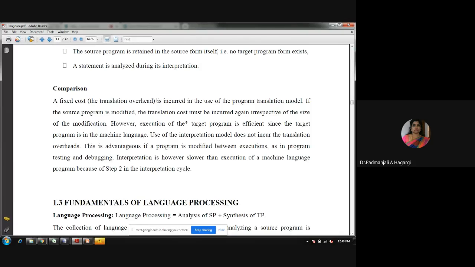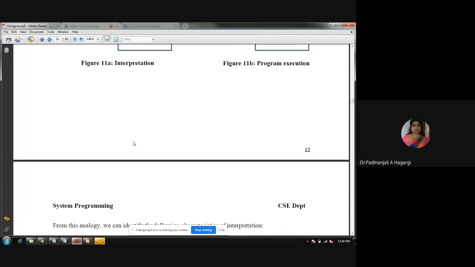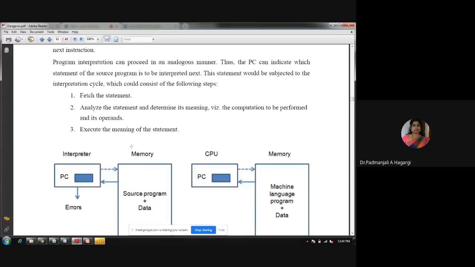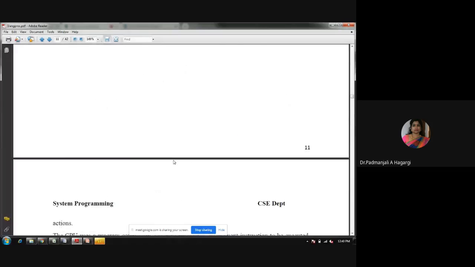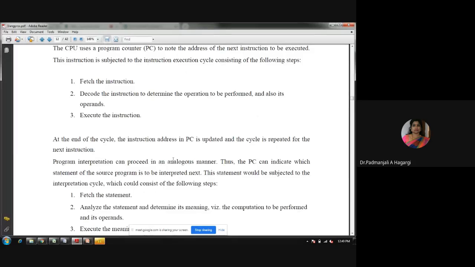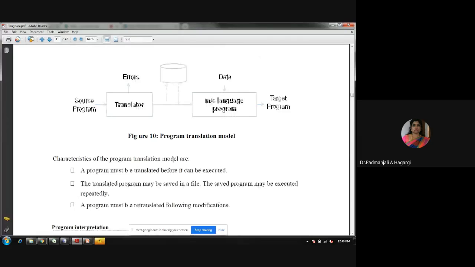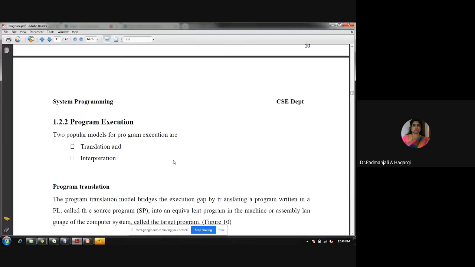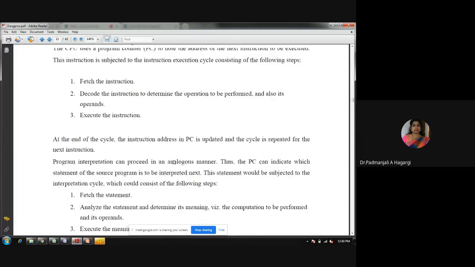Translation overhead is there, and it is incurred in the use of the program translation model, because during the load time and during fetch and load, fetch is nothing but the input, and load is nothing but getting into the memory. Fetch and load take the same type of translation.